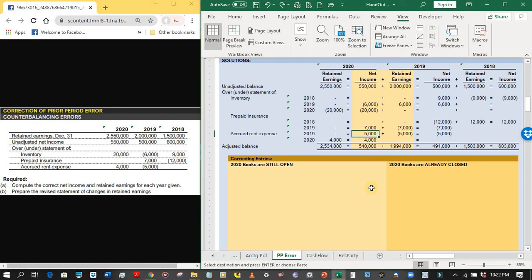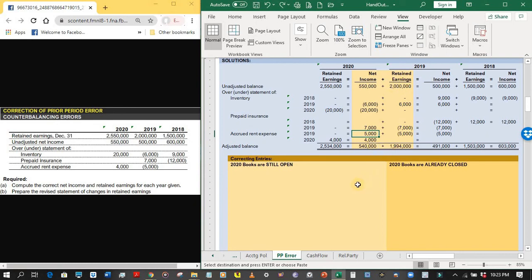However, we can no longer use nominal accounts in the adjustment of net income for 2019 and 2018. So in order for us to adjust the net income for the prior periods, we are going to adjust the retained earnings because the net income in prior periods were already closed to the retained earnings at the start of the current year, which is 2020.